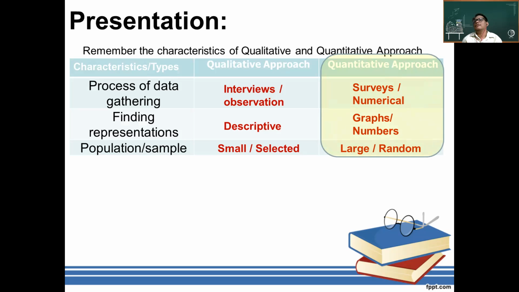Forget about emotions, forget about feelings, forget about description. In this subject and all the succeeding lessons we will take, we will tackle only the quantitative method or quantitative study.